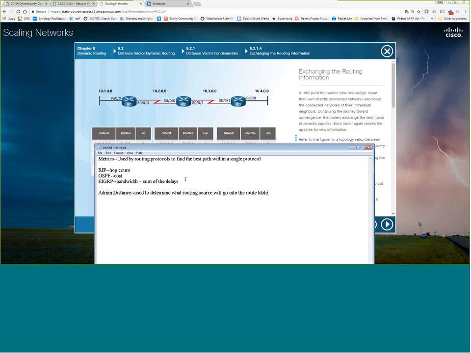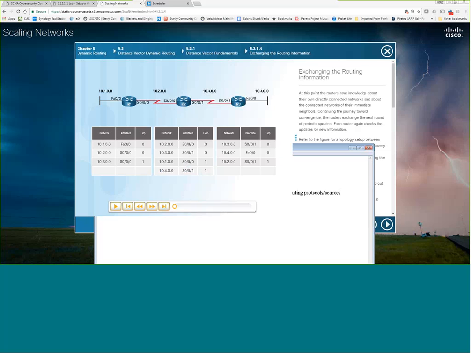So that is between routing protocols or sources, because it could be static, and that's not a protocol, it's a source, okay? Or it could also be connected, which is, again, not a protocol either, that's connected. So does that make sense? Yeah. Okay, good.